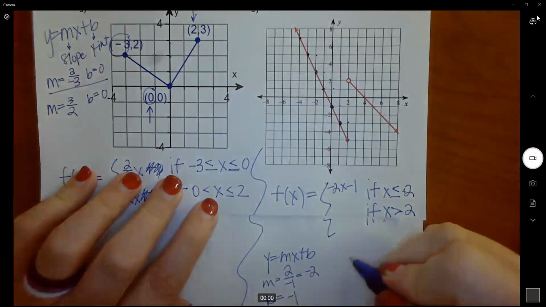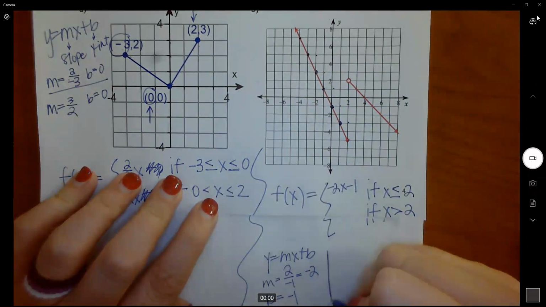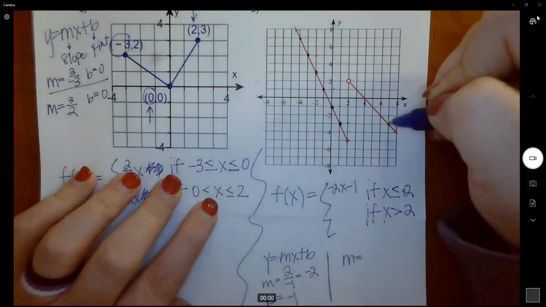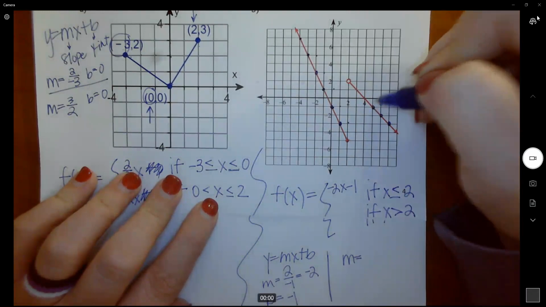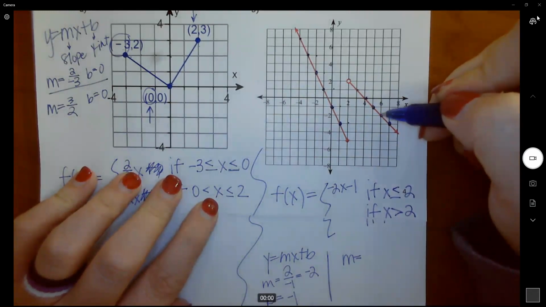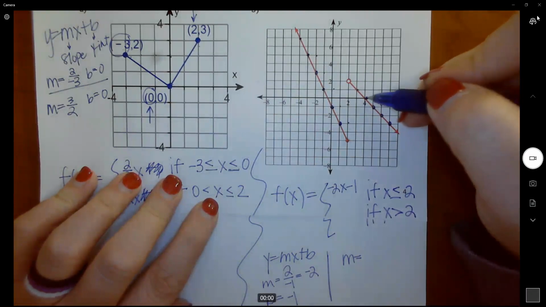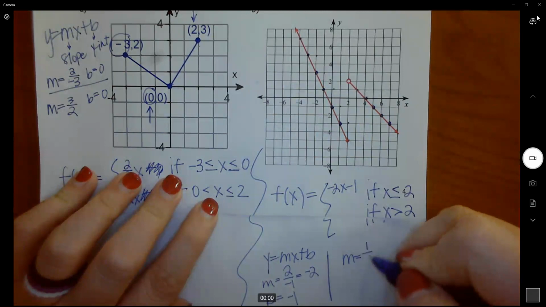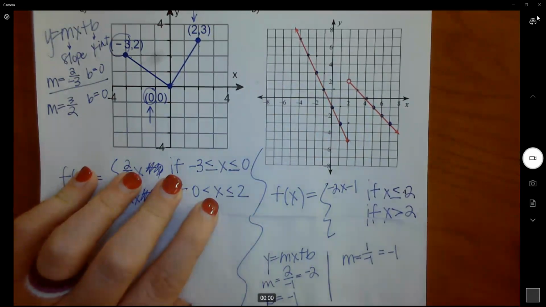And then we have to figure out the same things for this other one. For the slope of this one, notice it's got a point here, here, here. It's going up 1 to the left 1, up 1 to the left 1. So this is 1 over negative 1, which is the same as negative 1.